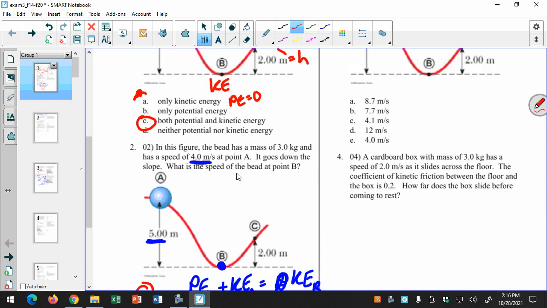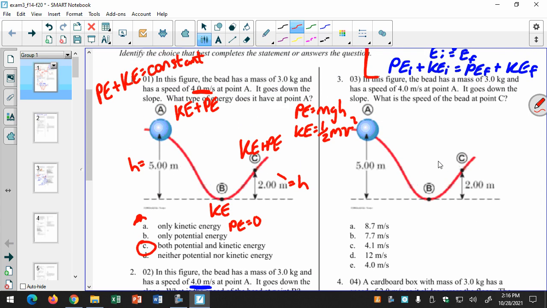And then notice too that there's a similar one right here where I'm asking what is the speed at point C. And you do a very similar thing where you say the potential energy at A plus the kinetic energy at A is equal to the potential energy at C plus the kinetic energy at C. Ian? So you don't have to use B, like you only just need to use 2 blank. That's right.